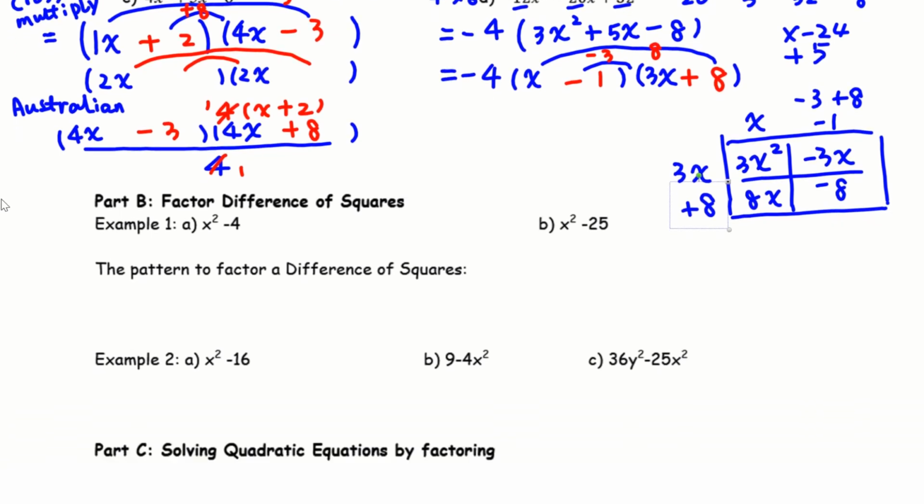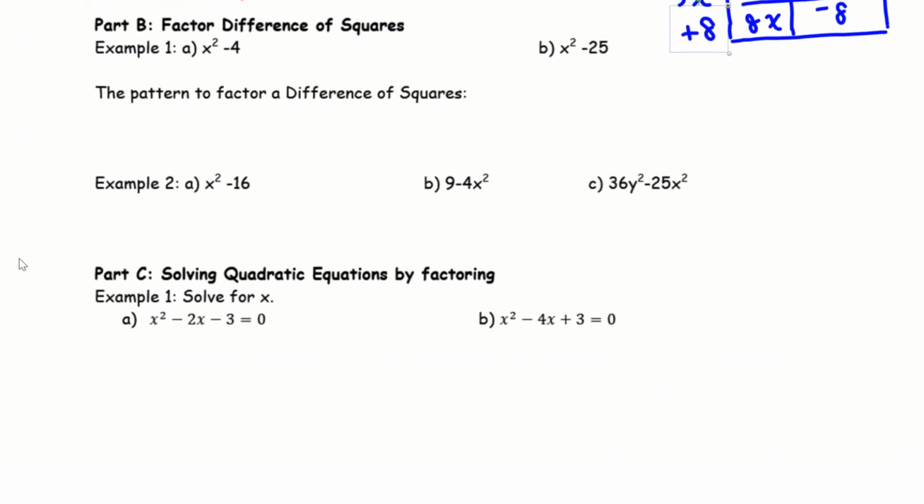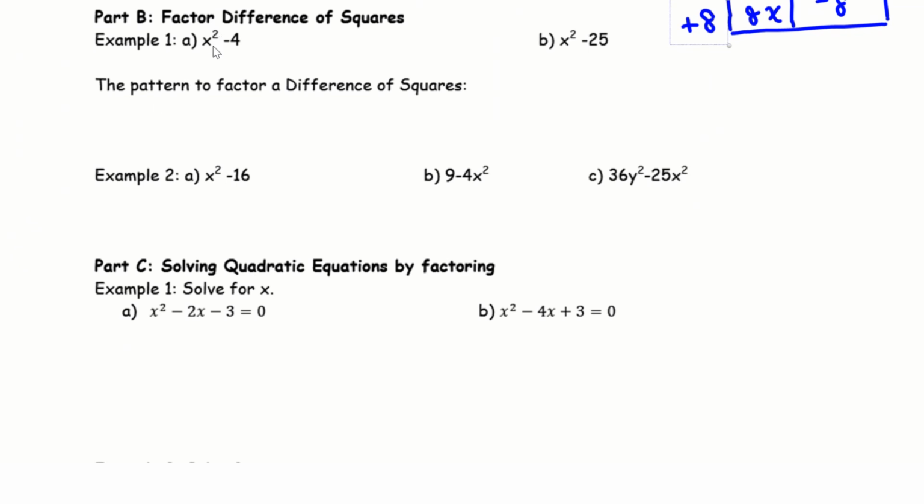And after that, we are going to see one special case, factoring difference of squares. You will see you have two terms, and we could write it as three terms, same as what we did before. So x squared plus 0x minus 4.